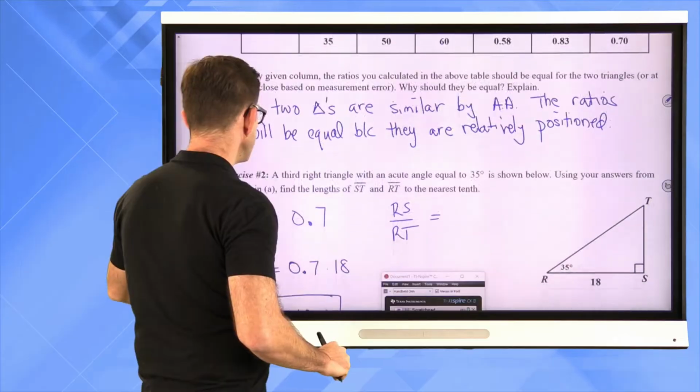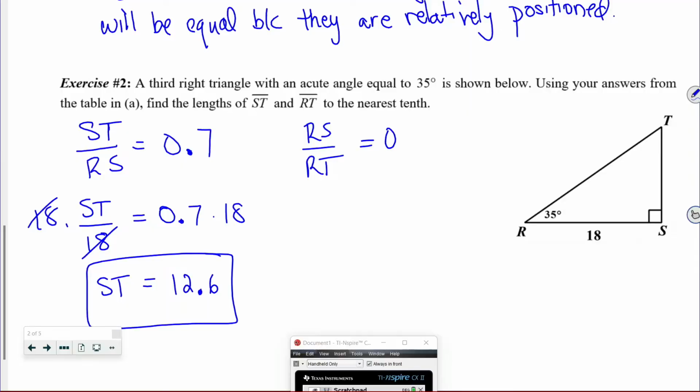So this is 0.83. A little more work here because now I have 18 divided by RT is equal to 0.83.